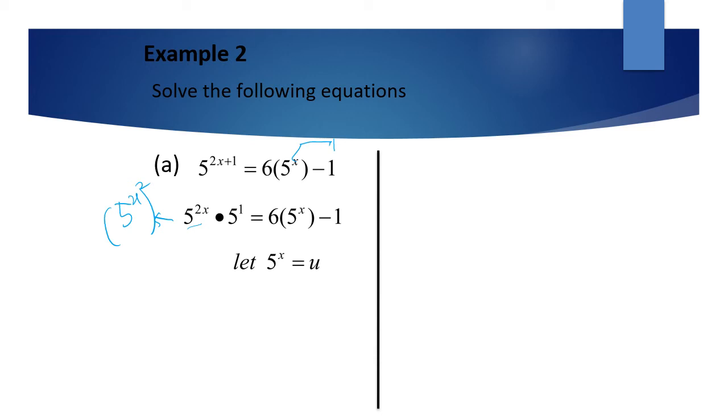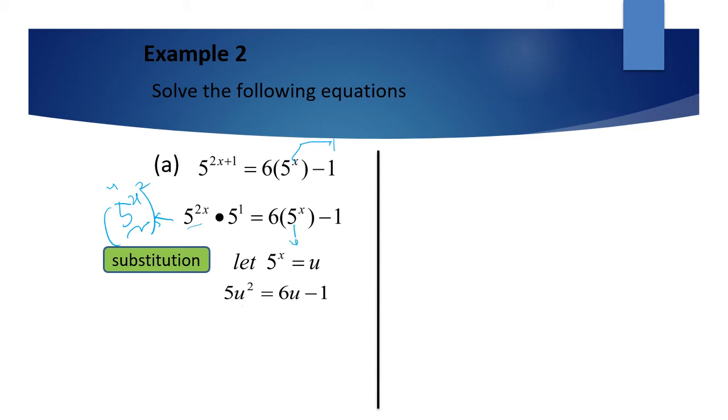If we let u equal to 5 to the power of x, we replace everything with 5 to the power of x with u. By using substitution, we have 5u square equal to 6u minus 1.